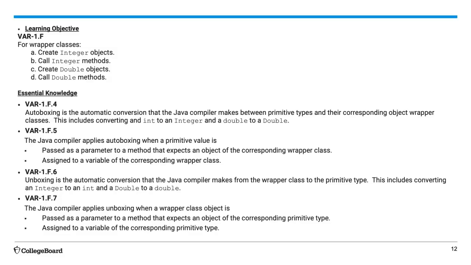Autoboxing and unboxing are related to wrapper class use in Java. Autoboxing, remember, is the automatic conversion that the compiler will make to take a primitive data type and convert it to its corresponding object wrapper class. Unboxing is the reverse process. Both of these allow us to create cleaner code.